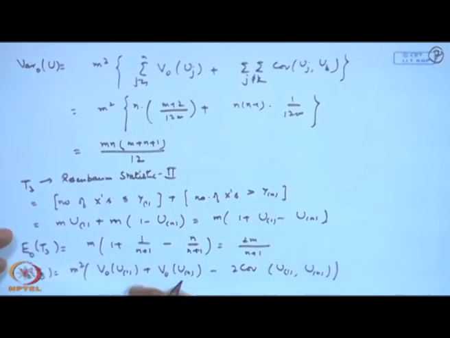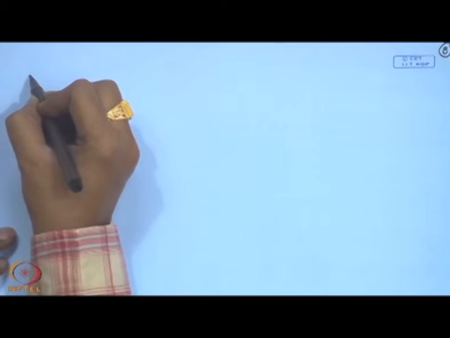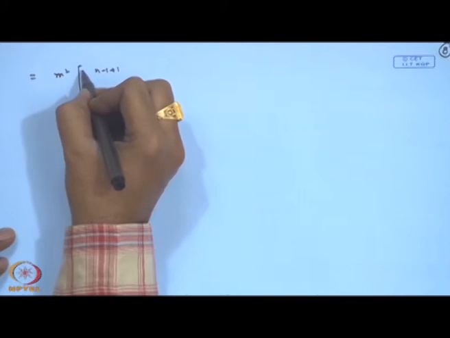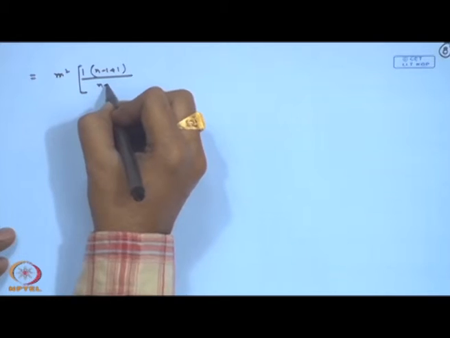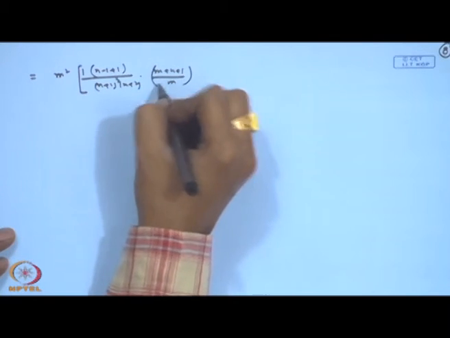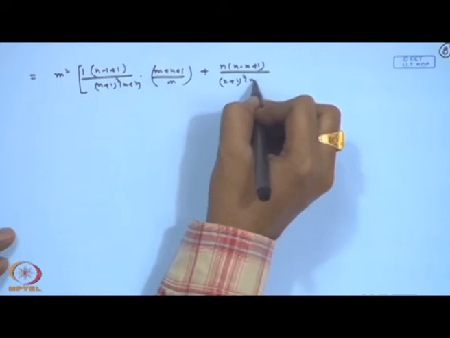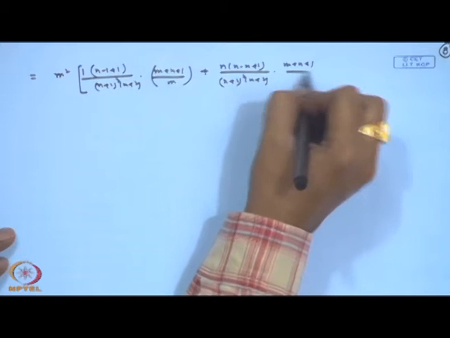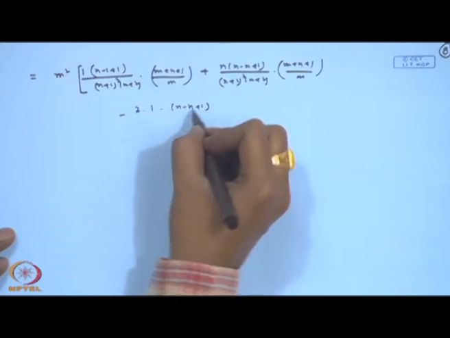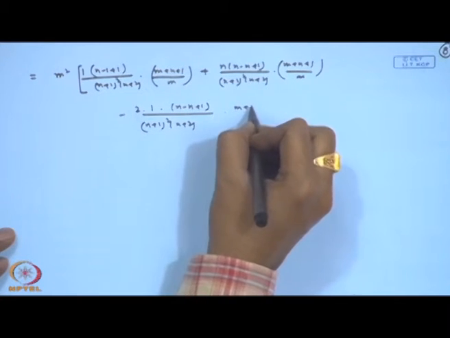So, we can substitute the expressions for these here, and we will get m square times (n minus 1 plus 1), since it is the first one, so 1 into that, divided by (n plus 1) square into (n plus 2), times (m plus n plus 1) by m, plus n into (n minus n plus 1) divided by (n plus 1) square into (n plus 2), times (m plus n plus 1) by m, minus 2 into 1 into (n minus n plus 1) divided by (n plus 1) square into (n plus 2), times (m plus n plus 1) by m.